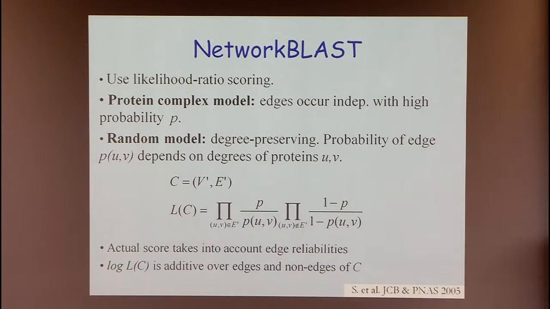And now you can use your favorite heuristic to identify those highest scoring, or maybe just high scoring, subgraphs. What we do in NetworkBlast is simply use a greedy local search. It works very well, but you could also imagine doing more involved things.